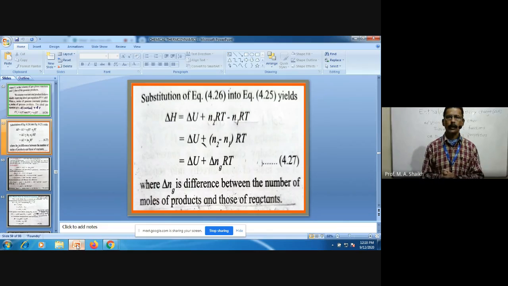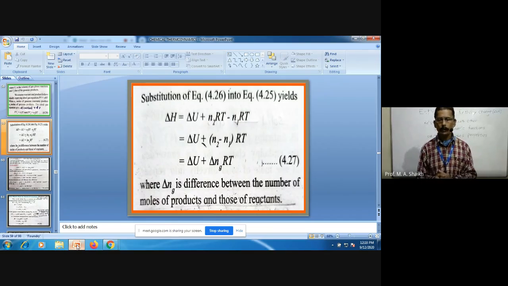See here, a simple question. Sometimes you have to answer under what conditions delta H is equal to delta U. There are two conditions we have seen. When reactants and products are in the solid or liquid state, at that time delta V is equal to 0.